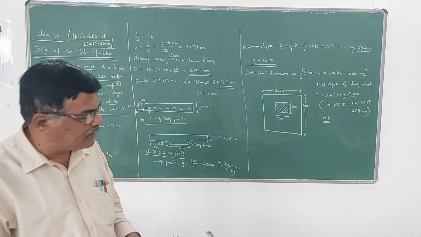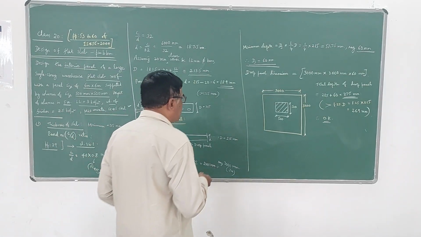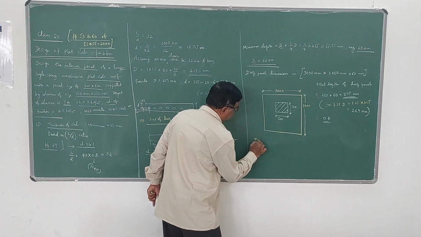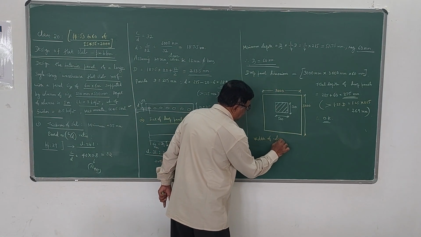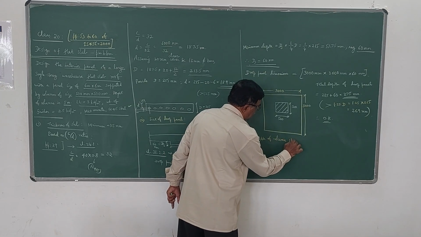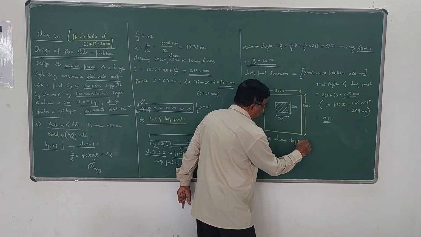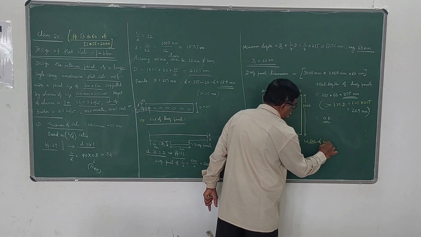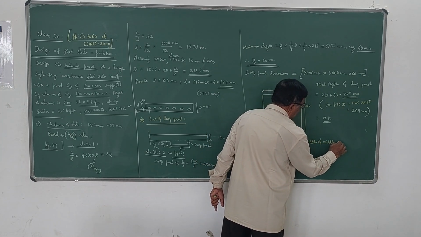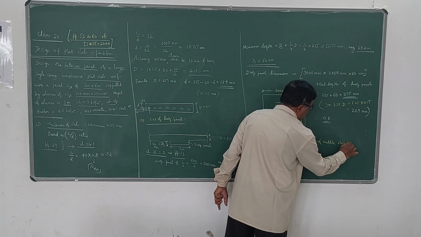So therefore the width of column strip and middle strip, they are equal. Width of column strip is equal to width of middle strip. In the first and second lectures, I have explained about column strip and middle strip, all those things.